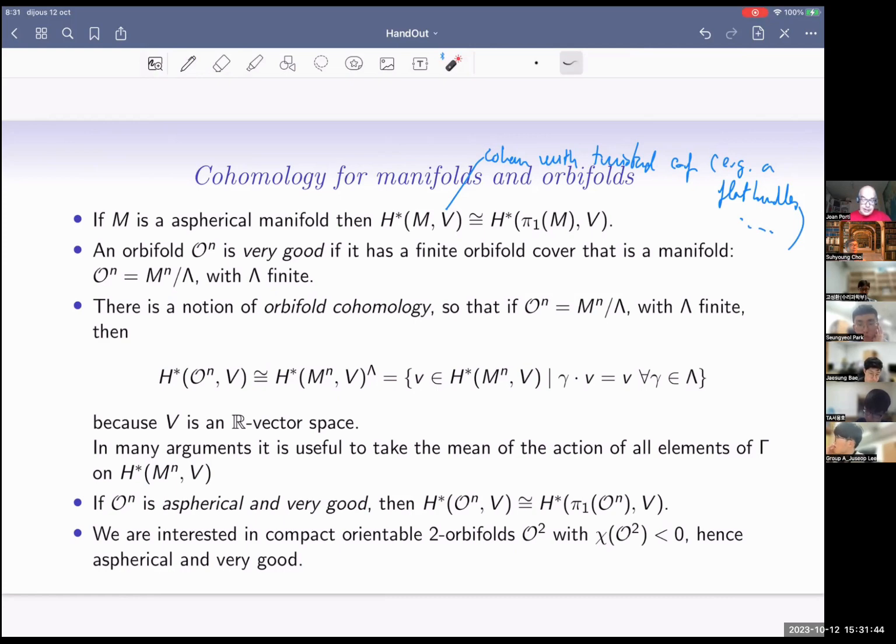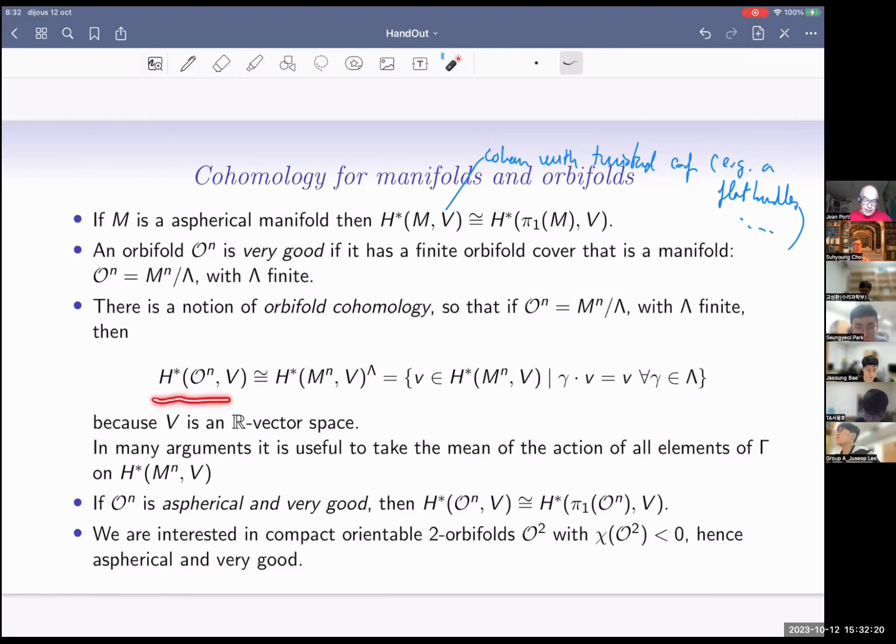And I'm also interested in orbifolds, but not any kind of orbifolds, just essentially very good orbifolds, which are quotients of manifolds by a finite subgroup. I don't know if you are interested in orbifolds too, but I might skip this. So there is an important issue: I could define orbifold cohomology. I will not define it, but it's something standard.